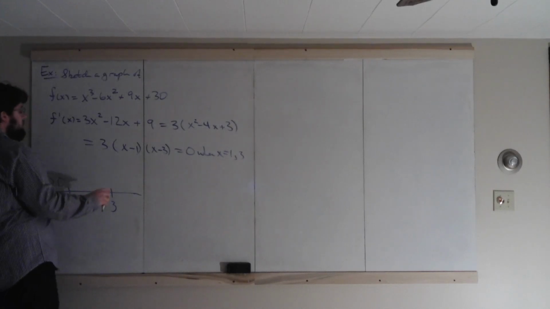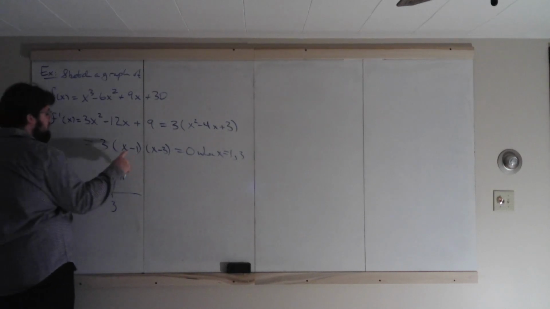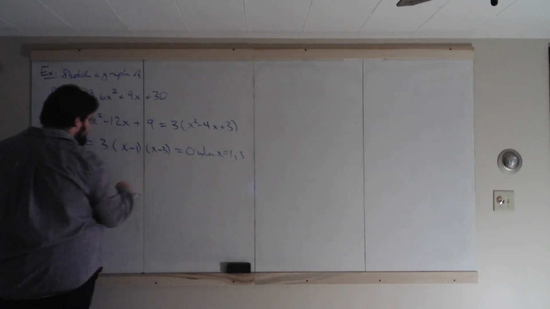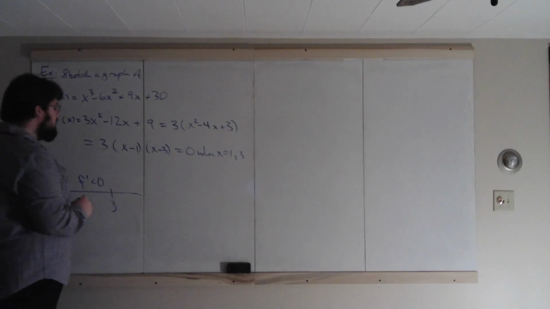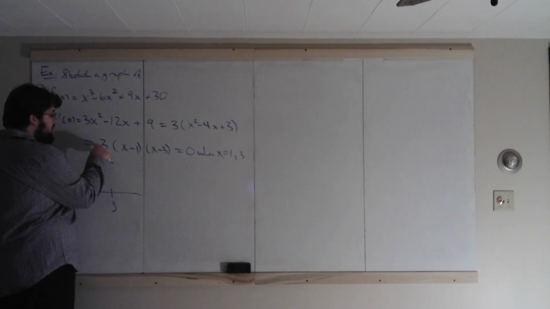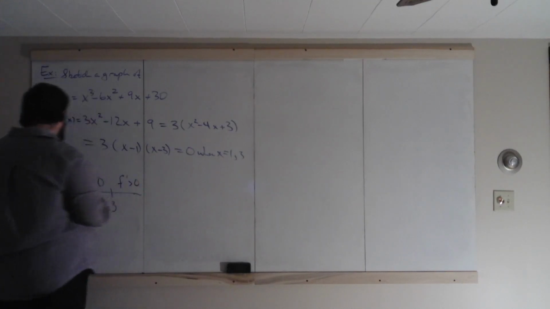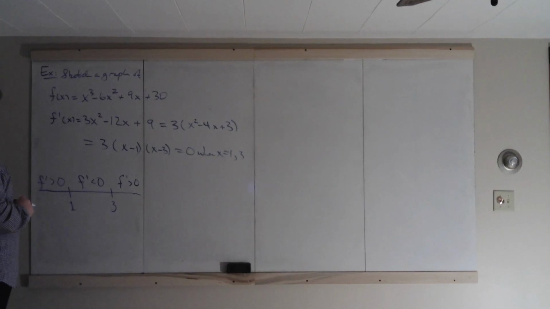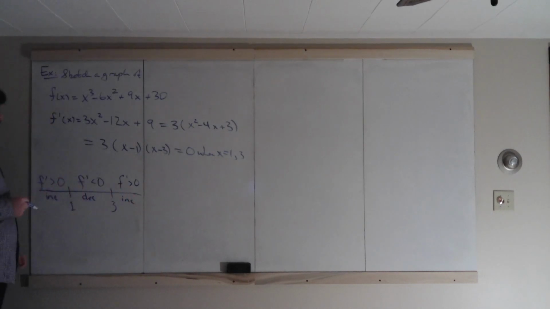F prime at 2 is positive times negative, so f prime is negative. And over here, let's choose 4. F prime is positive times positive, which is positive. And I'll just remark down here: increasing, decreasing, and increasing.